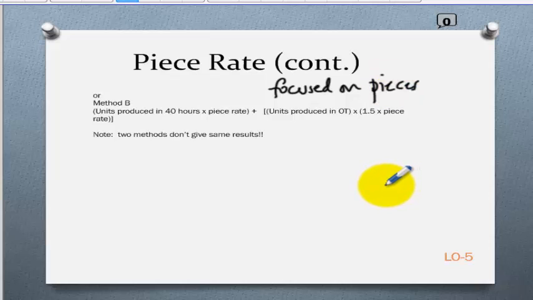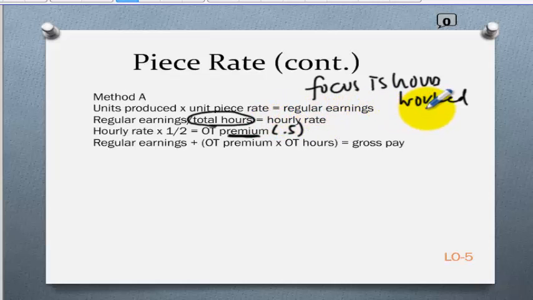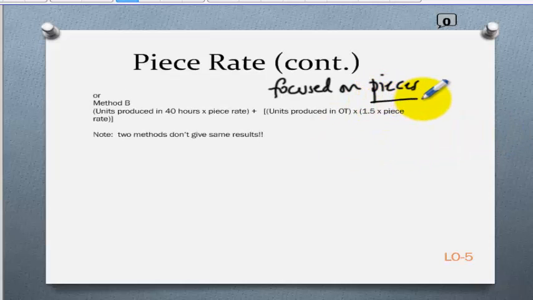If you're given the total number of pieces and how many hours they worked, overtime or regular, then you're going to use method A. If you're given the number of pieces made in regular time and how many pieces are made in overtime, then you can use method B. And here, it's actually the easier of the two. You take the units produced in regular time times the normal piece rate, and then you add to that the units produced in overtime, multiplied by 1.5 times the piece rate.